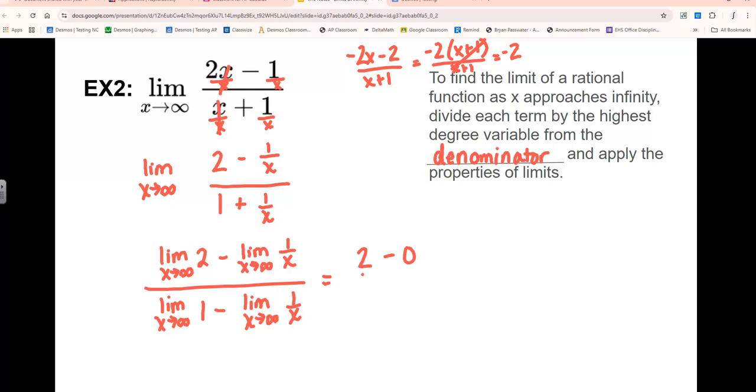It goes to 0. In the bottom, I'll get a 1 right here for that first limit. And then we just did the same limit right here. I've changed that to a minus again. It doesn't matter because we get a 0 here, but it could matter if it was different. So we get plus 0. And so that is going to give us just 2 as our answer for that.